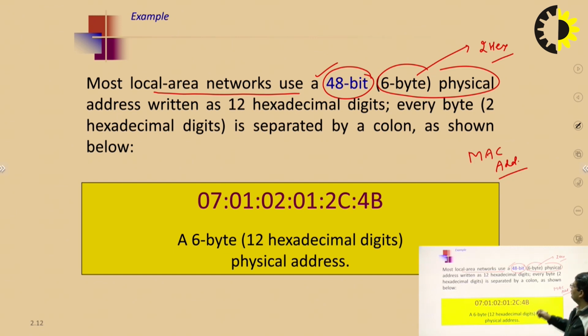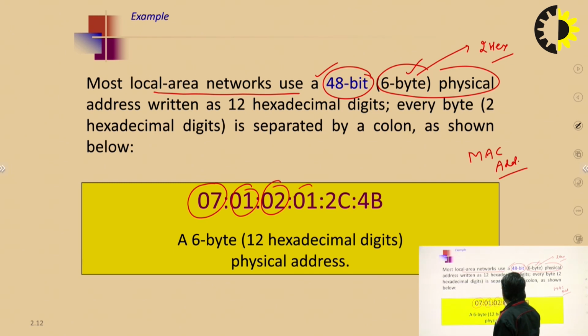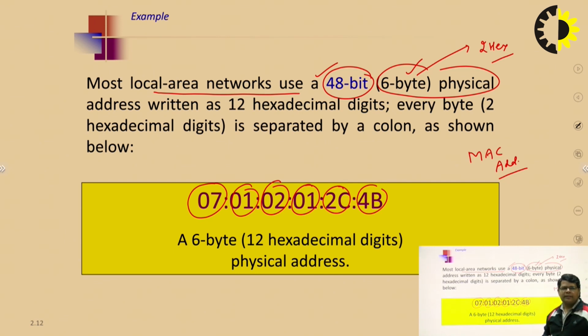So this 6-byte physical address can be represented as 6 bytes, the corresponding 6 bytes in the hexadecimal form, separated by a colon from each other. So this is the representation of a 48-bit or 6-byte physical address. In the computer systems, we have the physical address or MAC address marked like this.